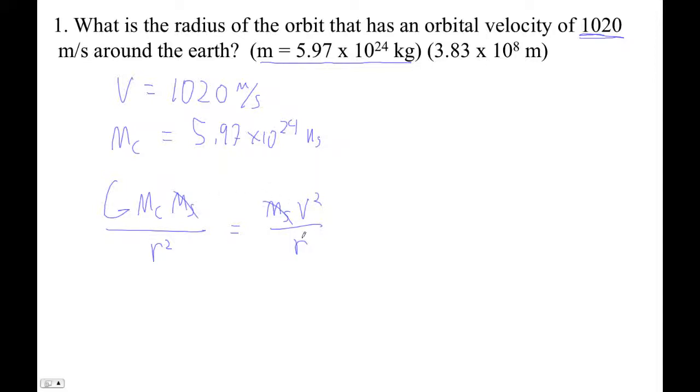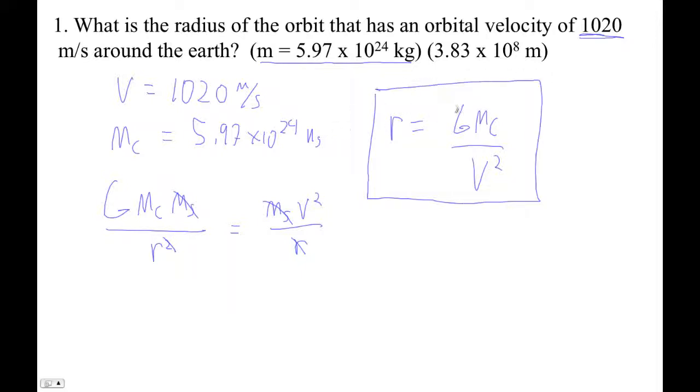Satellite mass, of course, cancels, and we can cancel one of the r's. And we're solving for r, so we'll end up with r equal to G Mc divided by v squared. Is that right? Yeah, because the v would go down there, the r would go up here. There we have it. And I do believe you have this as one of your formulas.